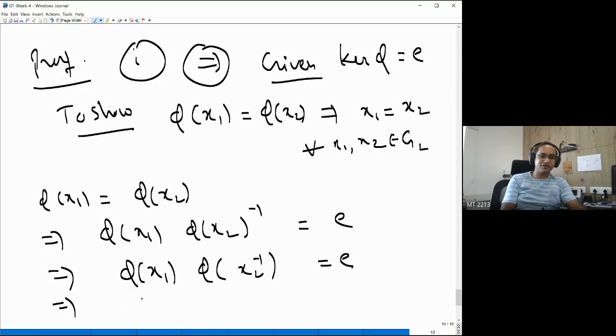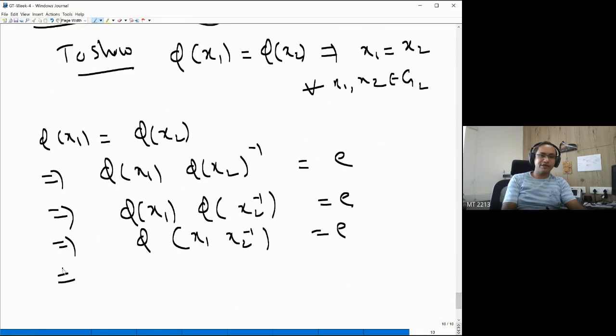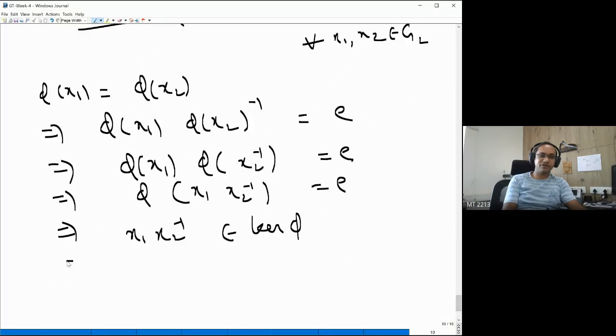Now I'll use the definition of homomorphism. So this becomes this, right? So this will imply that x1 x2 inverse belongs to kernel of phi, which is given to be just identity. It has a single element. So that means x1 x2 inverse is identity. And that's why x1 is equal to x2.